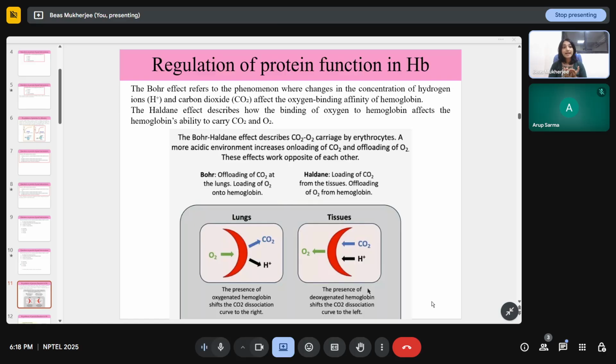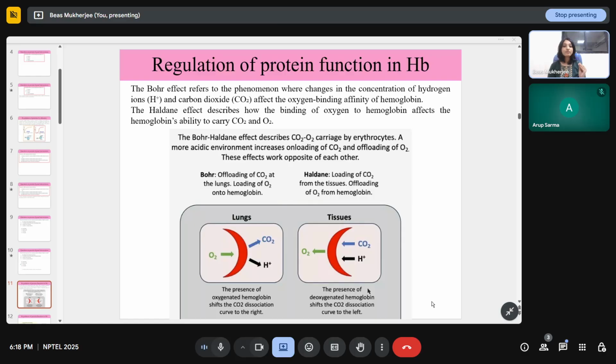Then there is the Haldane effect. The Haldane effect tells you about loading of carbon dioxide from the tissues. The tissues are constantly metabolizing, and due to respiration they are giving out carbon dioxide. This is collected from the tissues, that is the Haldane effect, along with offloading of oxygen from hemoglobin.